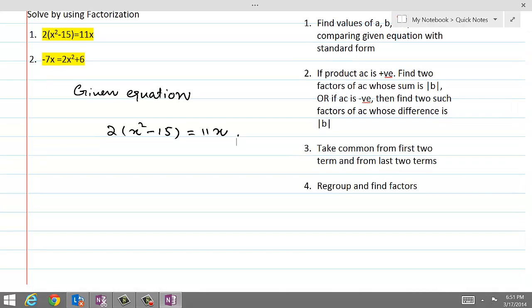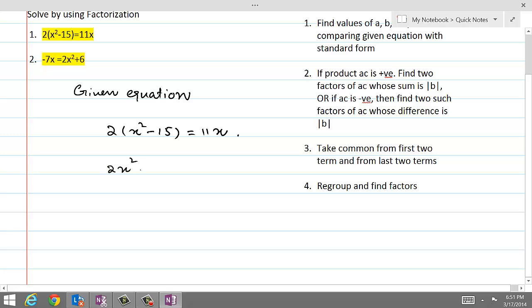So let's write down this equation in standard form by multiplying 2 inside, which will give us 2x square minus 2 times 15 is 30 equal to 11x, and we will need to bring 11x from the right hand side to the left hand side in order to write this in the standard form. So this will be 2x square minus 11x, because 11x will change its sign, minus 30 is equal to 0.